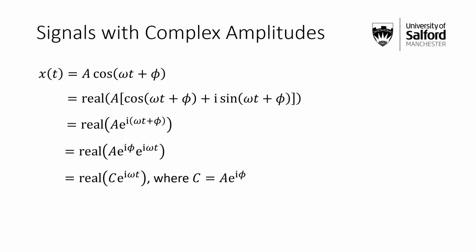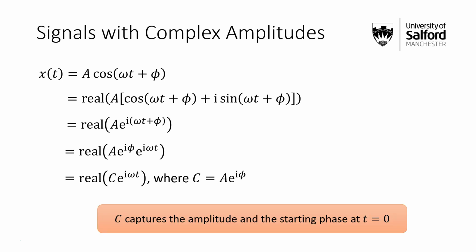And suddenly you get this lovely, really compact notation where all these other things just turn into a complex number times e to the i omega t. And c captures the amplitude and the starting phase at t equals 0. So it's got the amplitude A and the starting phase e to the i phi at t equals 0. They're both in there. Remember, complex numbers represent two pieces of information, and it's amplitude and starting phase.